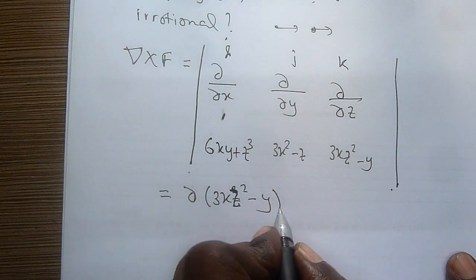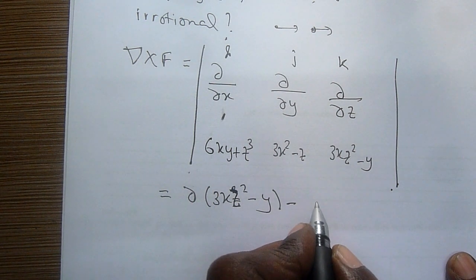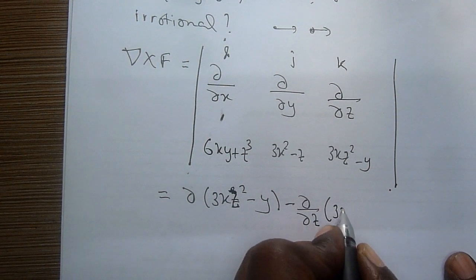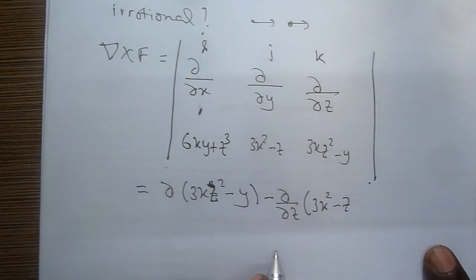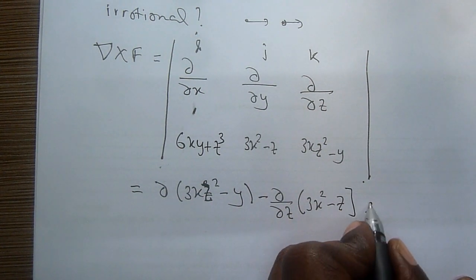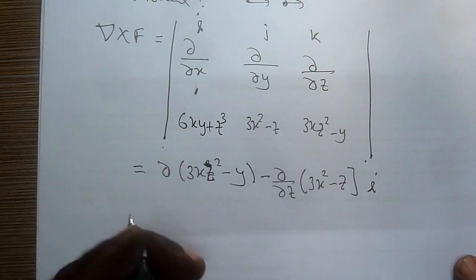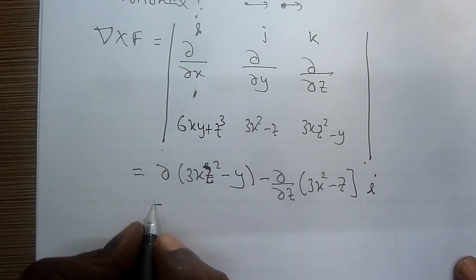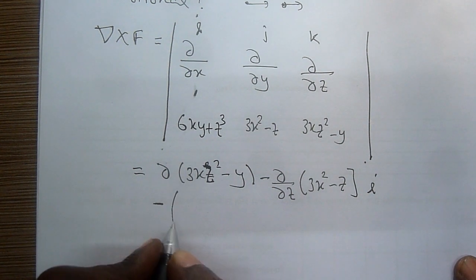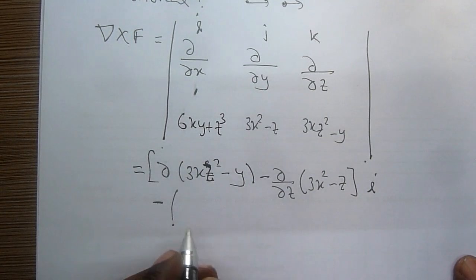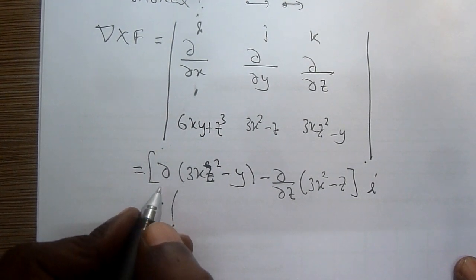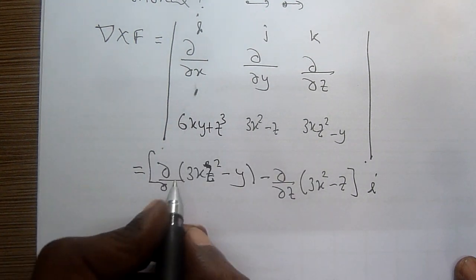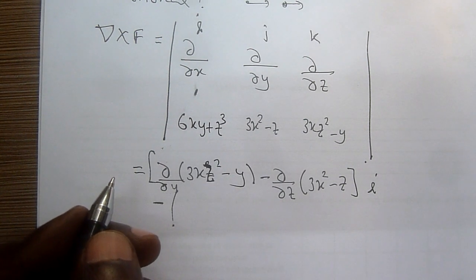Minus del z of 3x^2 z. I'll do it step by step here, it's easier for you. Minus, maybe I put this first, del y.